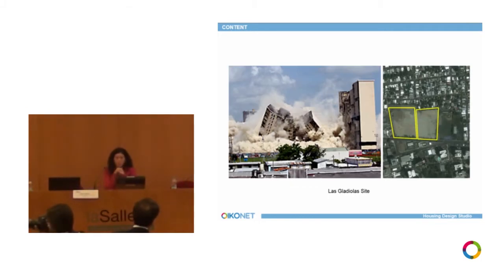For the purpose of the class, I chose this site that is close to El Caño Martín Peña, as you could see in the previous photographs. Where this site is located, there was a high-rise building of public housing that was demolished because it was a failure, no? Like many failures of this kind of buildings.